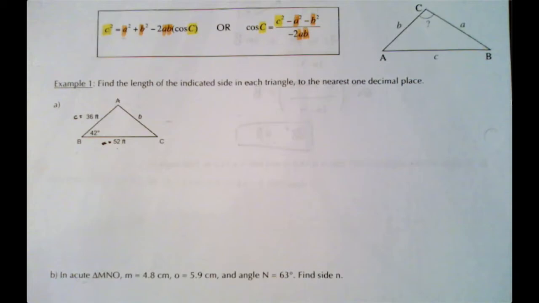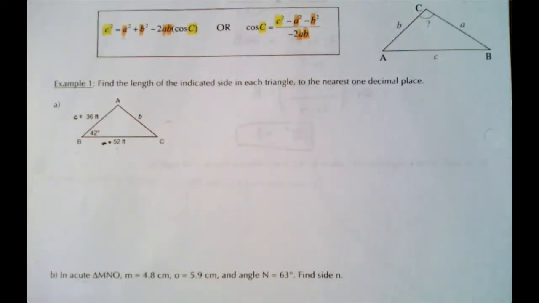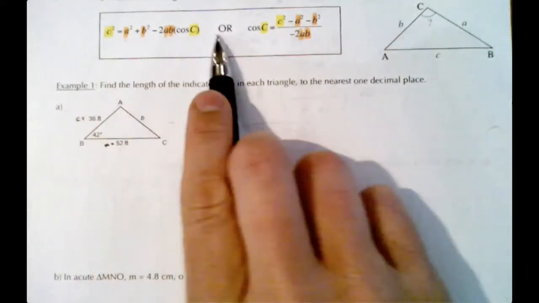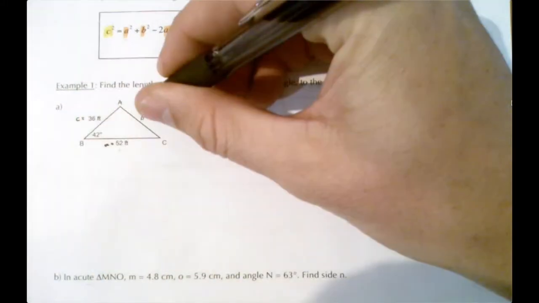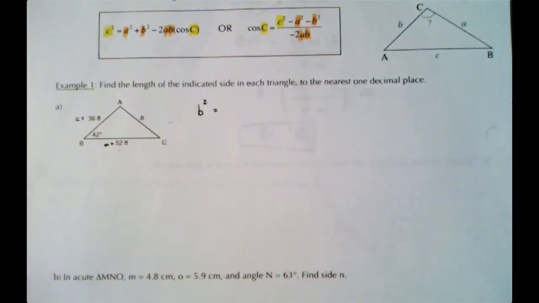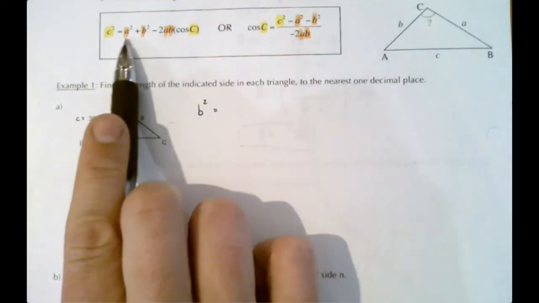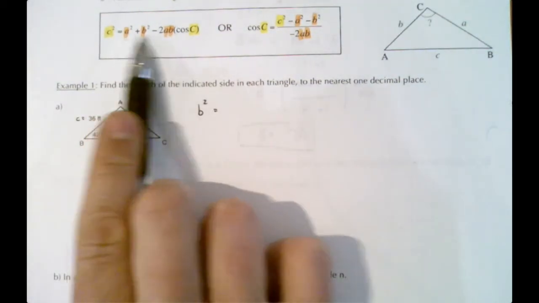So now we have to try to write a cosine law for B, and we can do so by following the same pattern up here. If we want to write a cosine law for B, we start by writing B squared equals, and then we use the other two sides. The other two sides are A and C. So we're going to follow this pattern, but instead of using AB, we use AC.